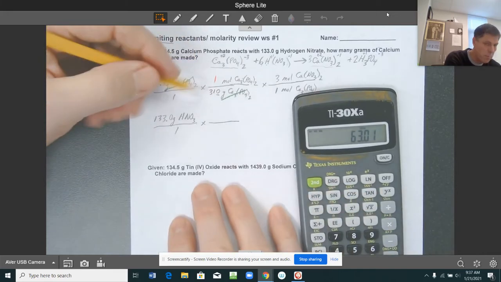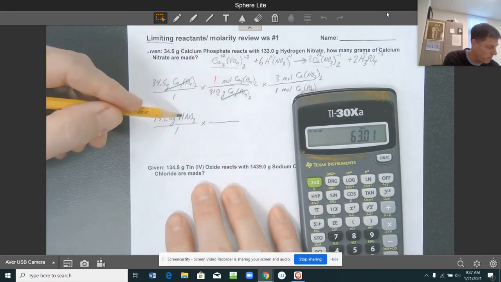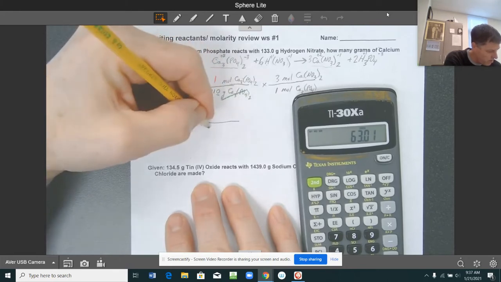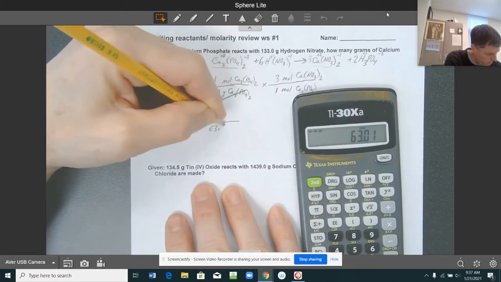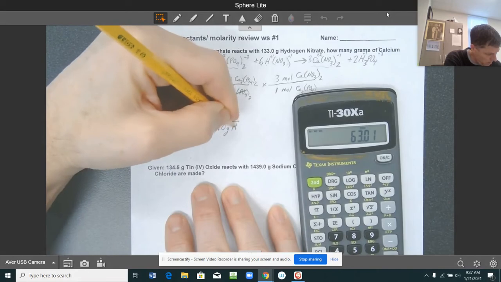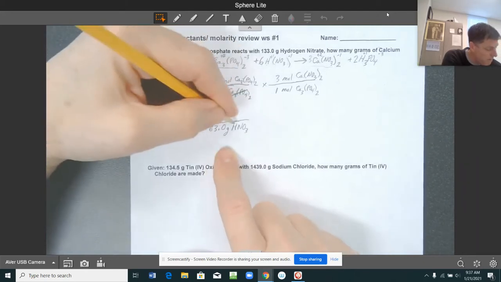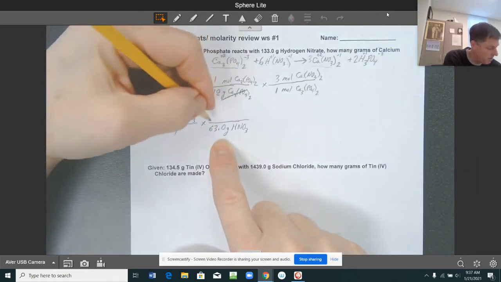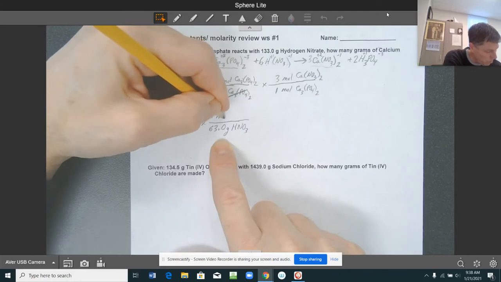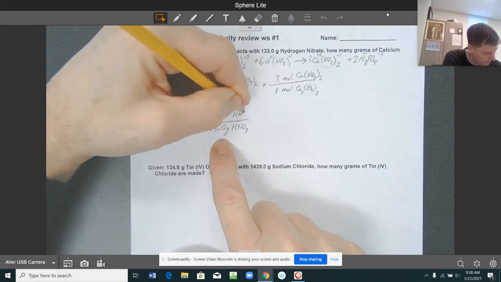Okay, 63.01 goes into hundreds, tenths. If you can do that, that's great. If you can't, use one of the forms I gave you or scratch it on the paper. If I get the molecular mass of hydrogen nitrate in one spot, that's 1 mole of hydrogen nitrate.